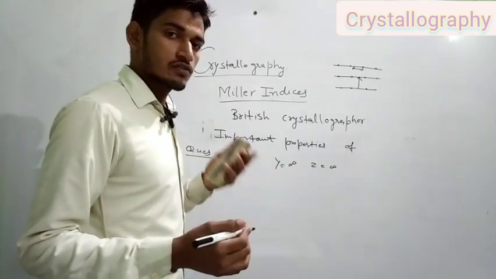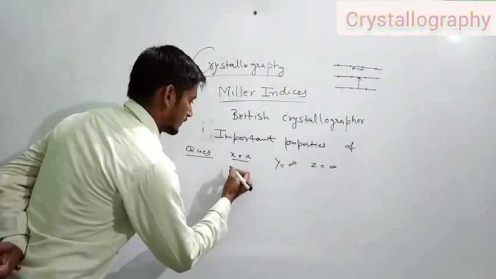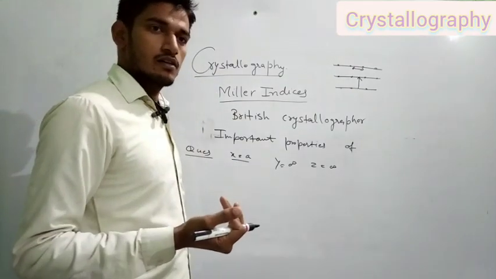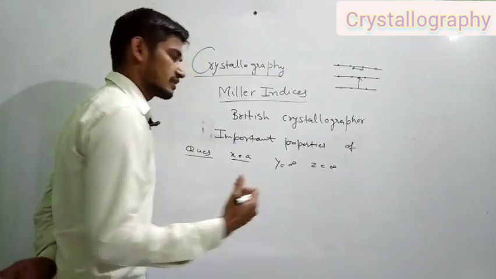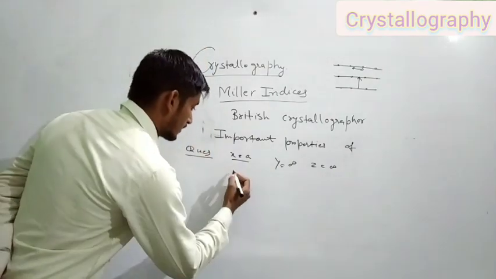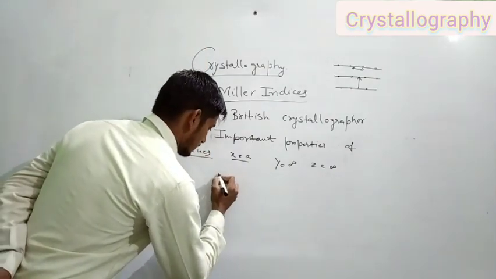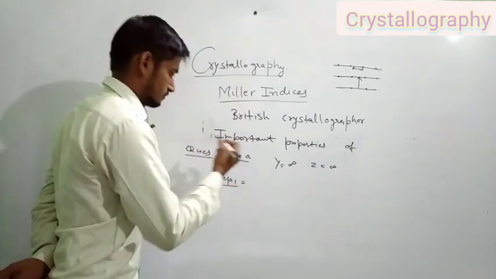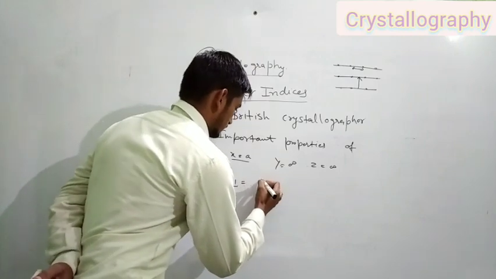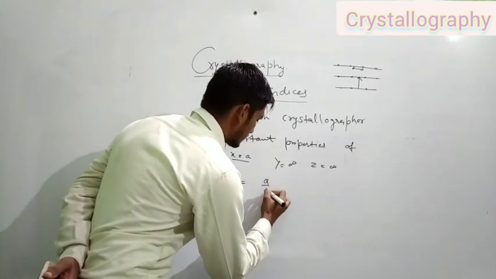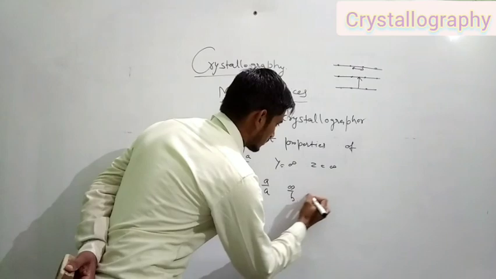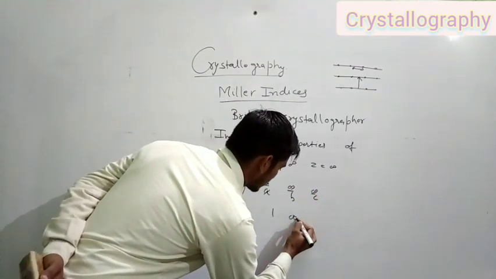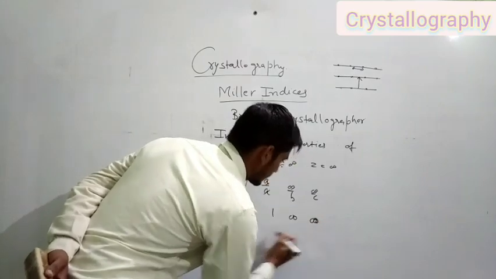Okay, now change into the Miller indices by the specific procedure followed by Miller. Take the reciprocal or divide by the lattice parameter, then we can change it into the Miller indices. Step 1, divided by the lattice parameter: a over a, infinite over b, infinite over c, that is one, infinite, infinite.